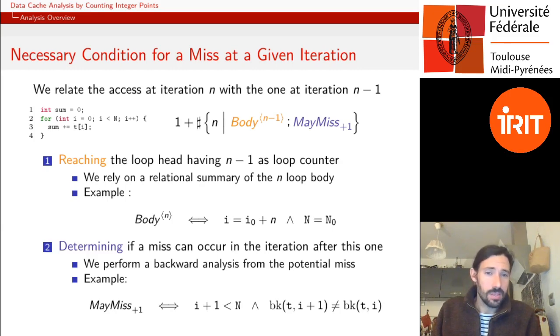The more tricky part is determining if a miss will occur not in the next iteration but the iteration after this one. To do that, we perform a backward analysis from the potential miss, and we derive a predicate which says that you may miss in the iteration after this one if I is small enough to enter the loop twice, and if the block that you accessed in the current iteration is different from the one you will access in the iteration afterwards.